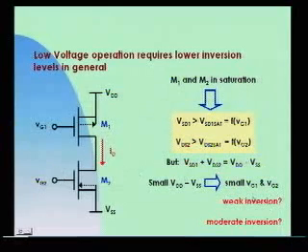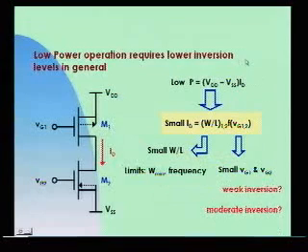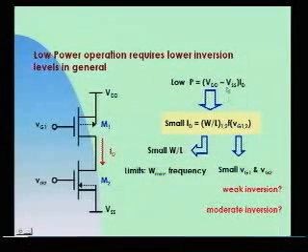And if I decrease the VG voltage, maybe these two transistors will go to moderate or weak inversion. Okay? Did you understand?